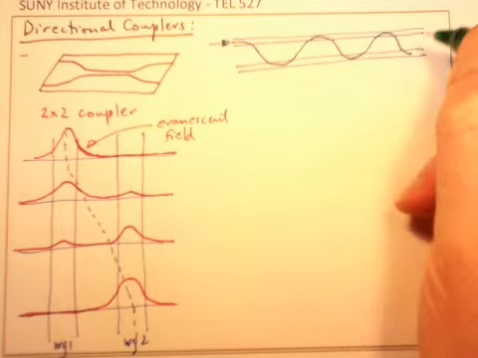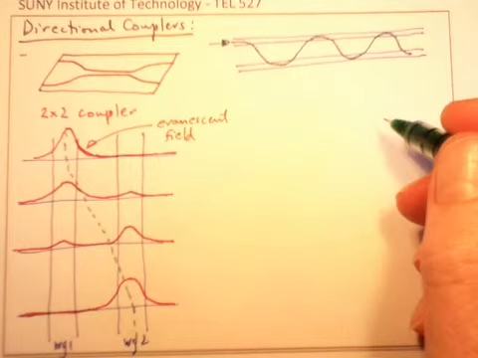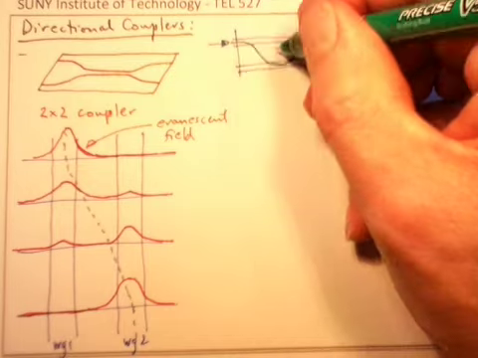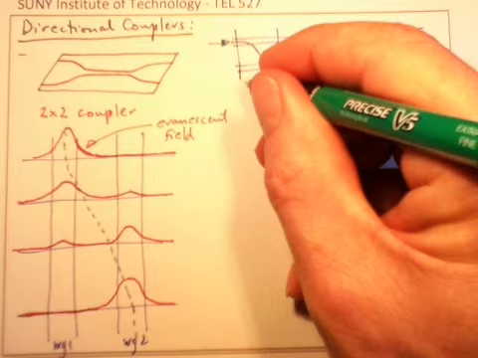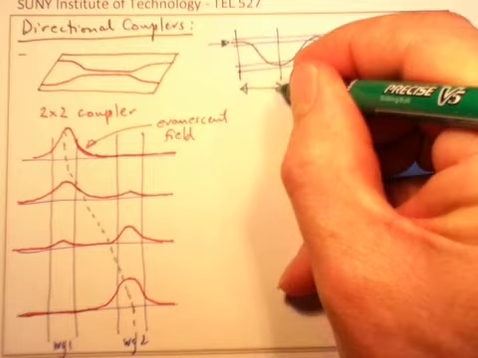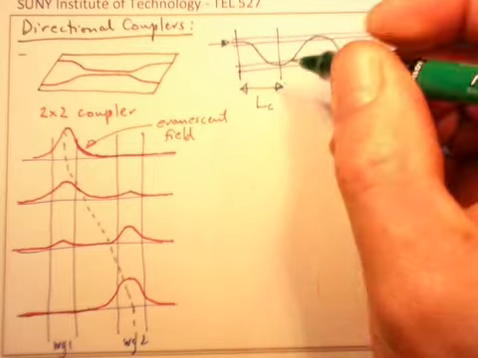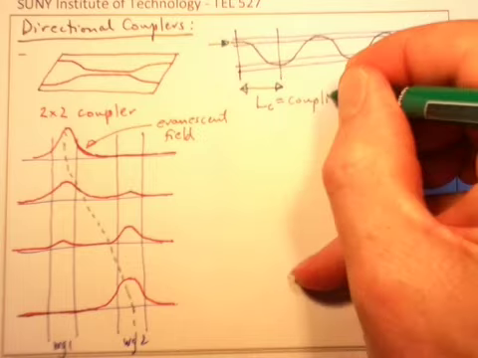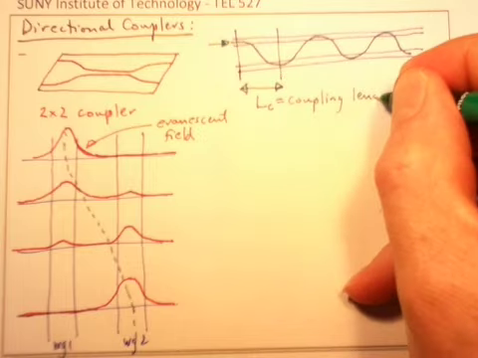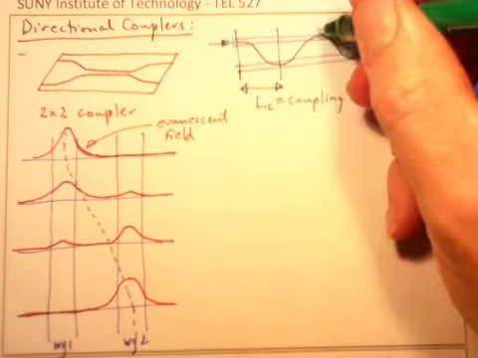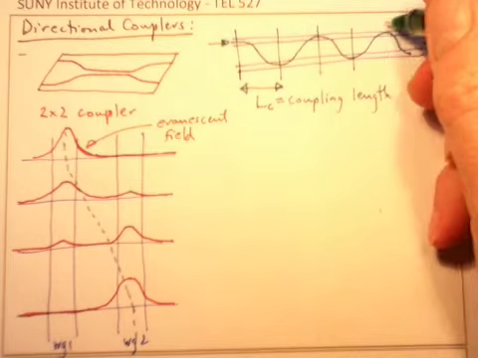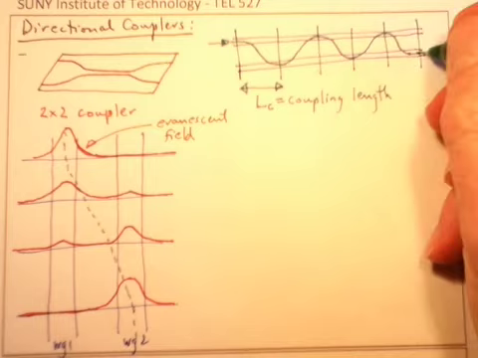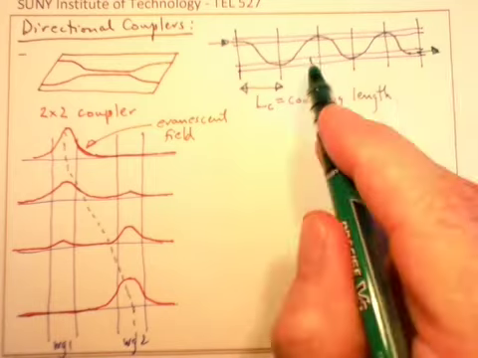Okay, and the coupling length is the distance over which the power completely transfers from one waveguide to the other. So this pair of waveguides is, let's say, exactly 1, 2, 3, 4, 5 coupling lengths.